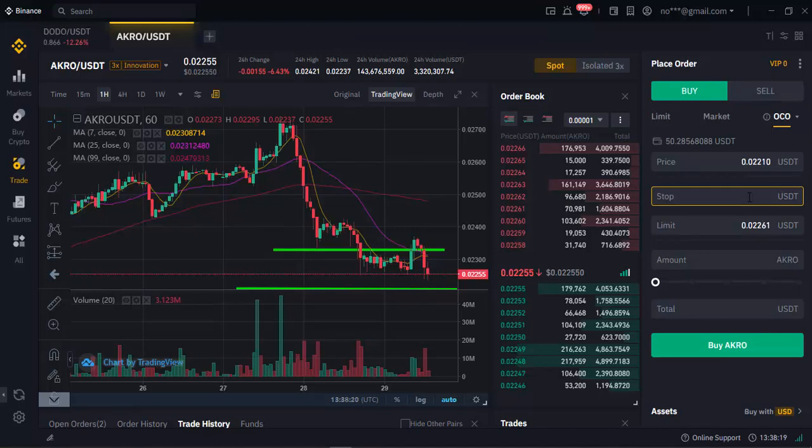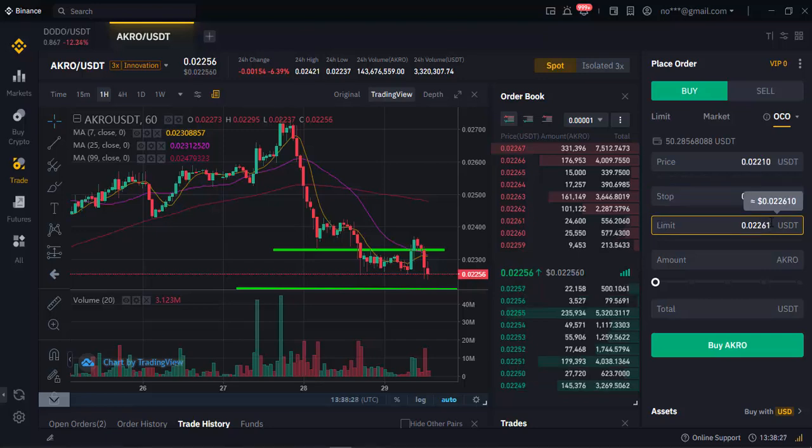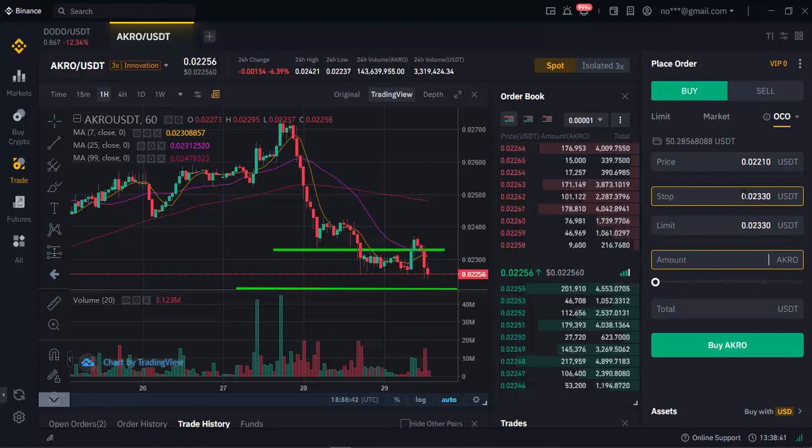We put it right here, 0.02330 as the stop limit, and then we put 0.02330. Now look at the two prices. This is the stop price, and then this is the limit price.